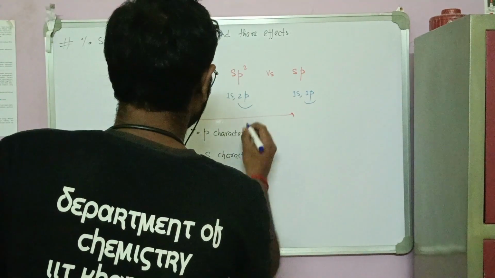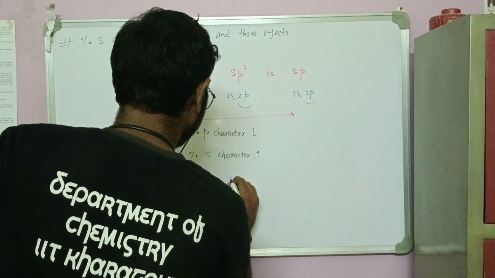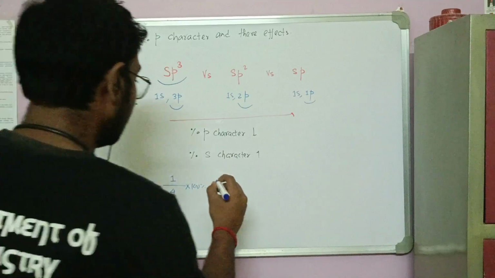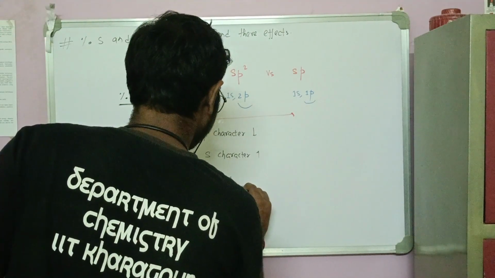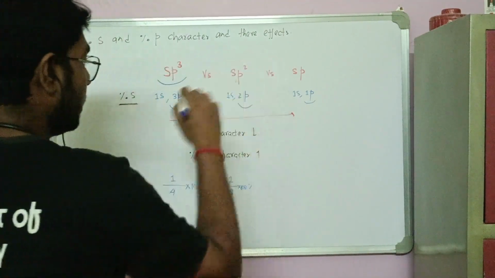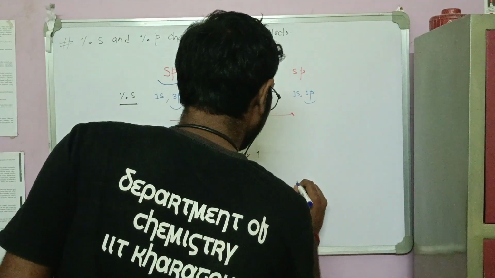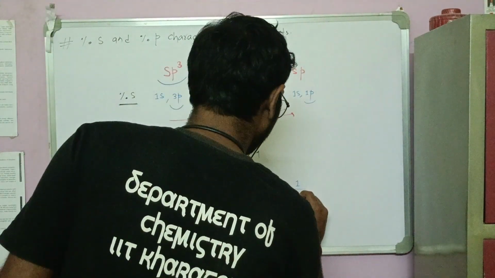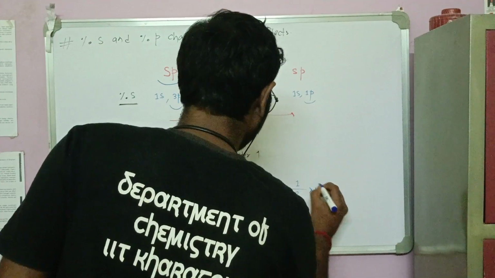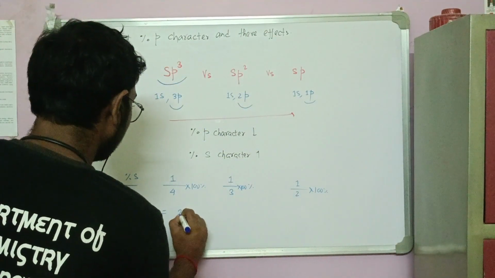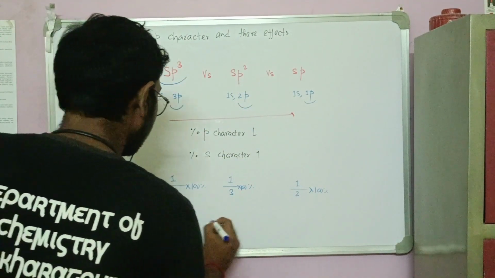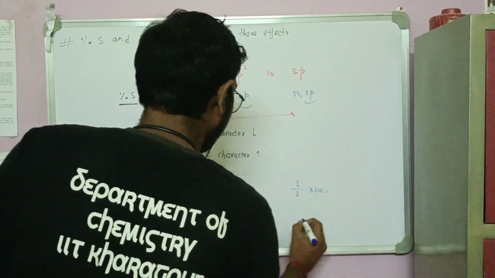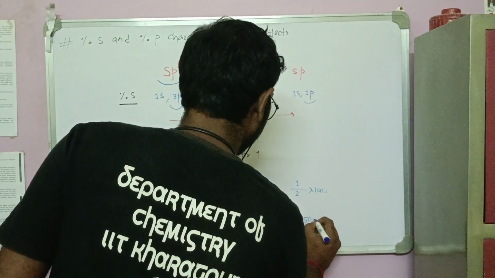For sp2, 1s upon the total number of orbitals, 2p and 1s, 3 orbitals, so 1 upon 3 into 100%. For sp, number of s orbitals 1 divided by total number of orbitals, 1s and 1p, so 2 into 100%. So here the percent of s is 25%, here 33.33%, and over here it is 50%.